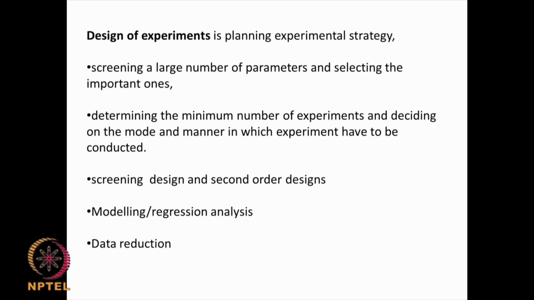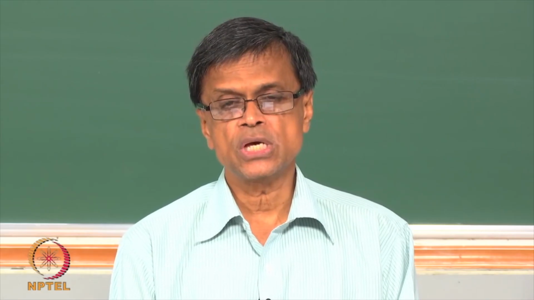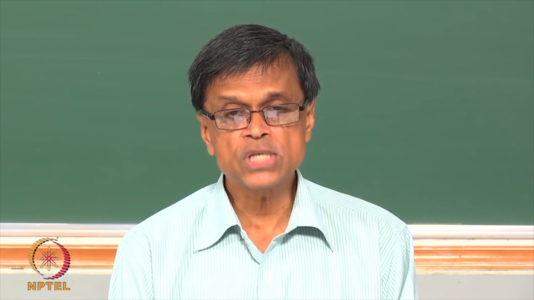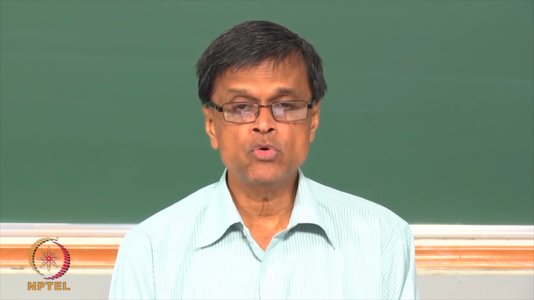Okay. In addition, you need to consider other factors also, and that is what we are going to talk about in design of experiments. We are screening a large number of parameters. For example, if you take an aerobic fermentation, pH may affect yield, temperature may affect yield, inoculum size may affect yield, the volume, aeration rate, agitator RPM, the amount of carbon you are adding, amount of nitrogen, amount of micronutrients.